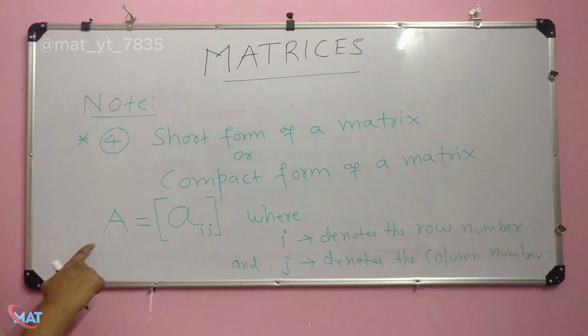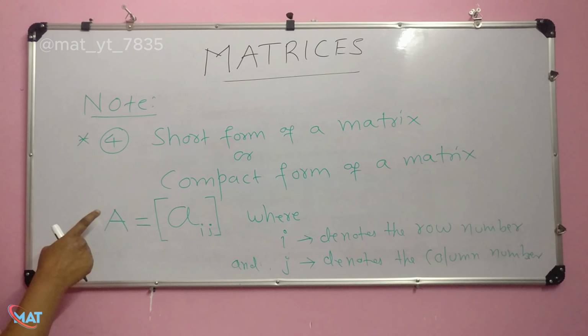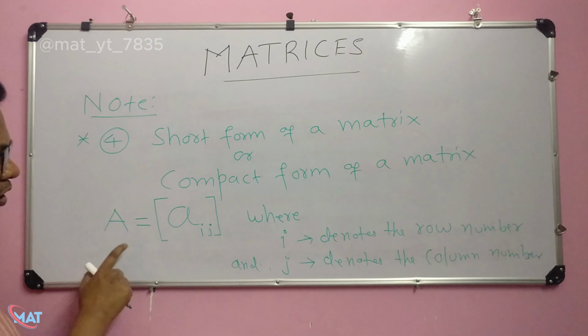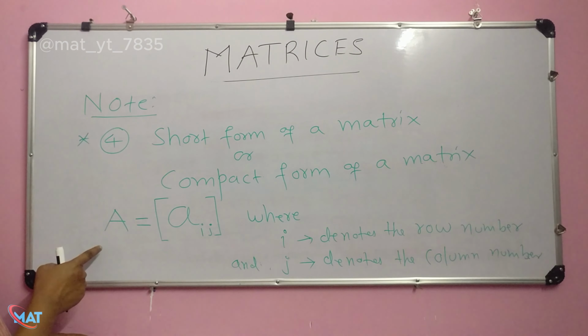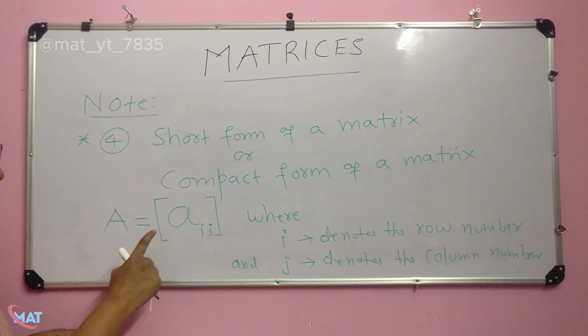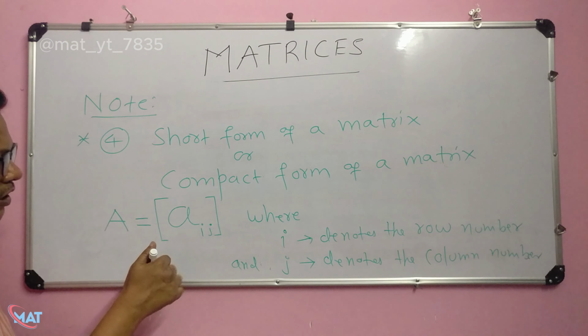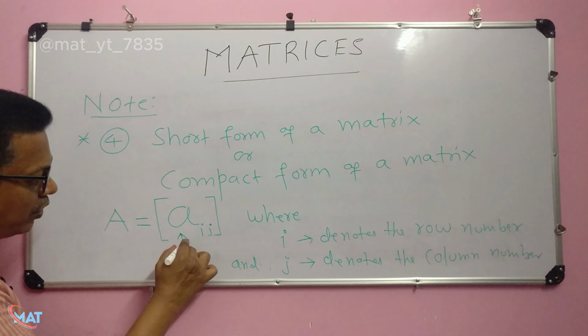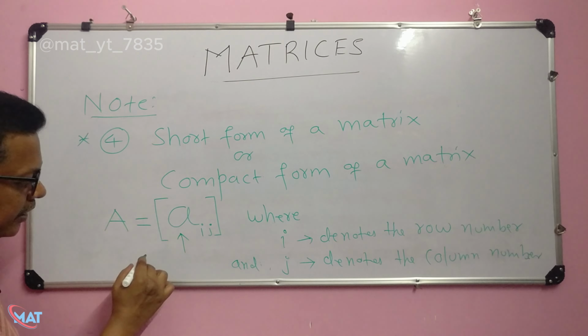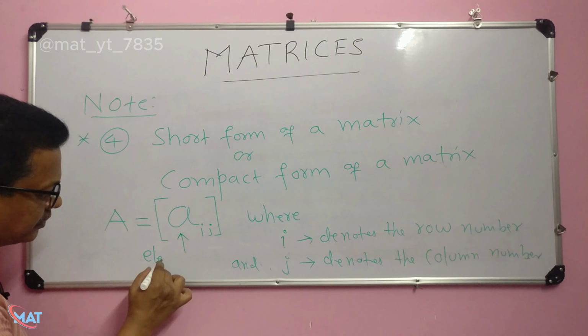Compact form: if you want to write down any matrix without showing all the elements, we will use a capital letter to represent or denote a matrix. By default, we take capital A is equal to square brackets a, small a; these are called elements. Whatever you show inside that square bracket, they represent elements.